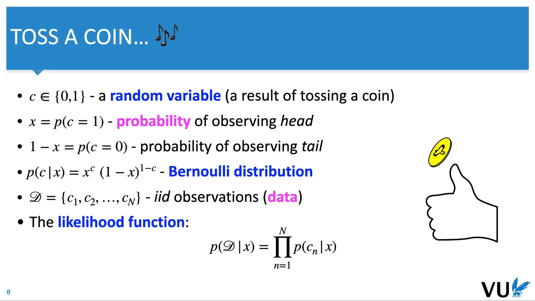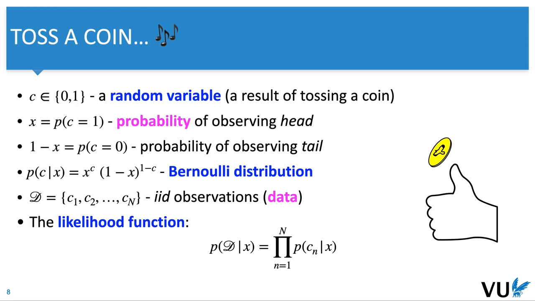And how can we model the probability of data? This is the concept called the likelihood function, okay? And what is the likelihood function? The likelihood function is the probability of all events we observed, all observations.